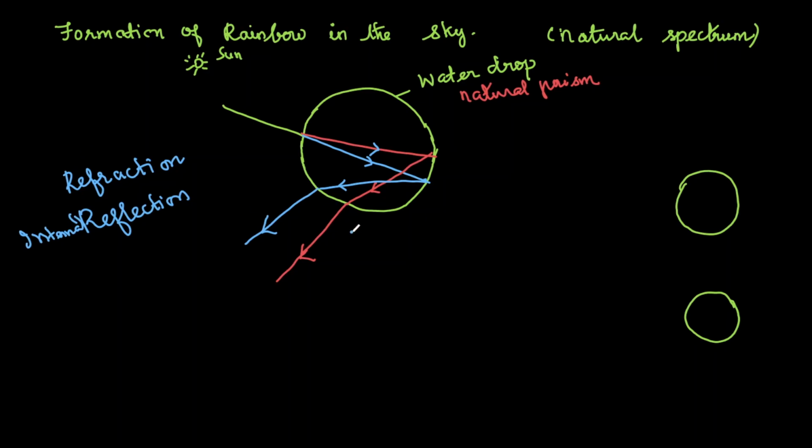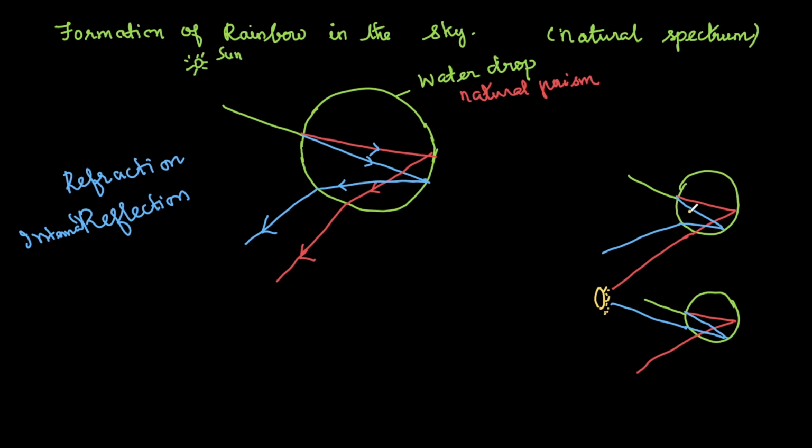Actually, one single drop cannot make a rainbow. There are a number of raindrops. So how do we get the red color at the top? Let us see. Actually we see two raindrops.